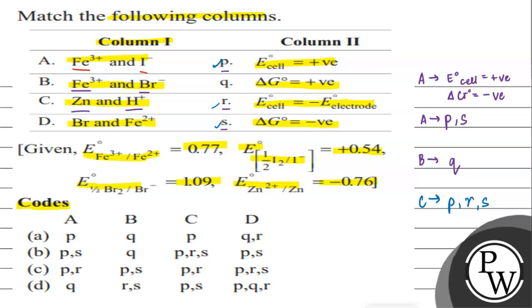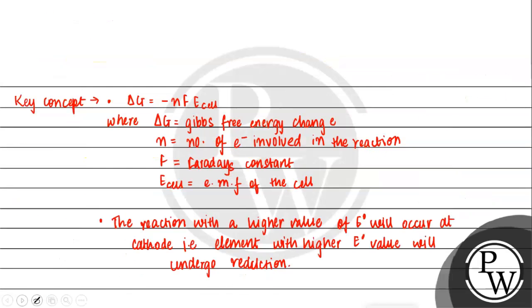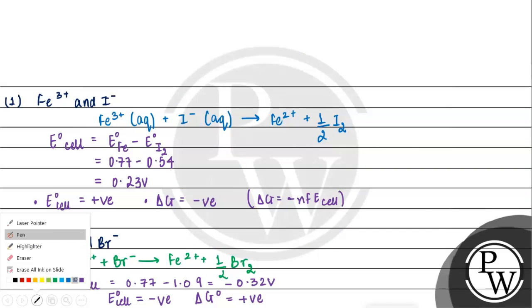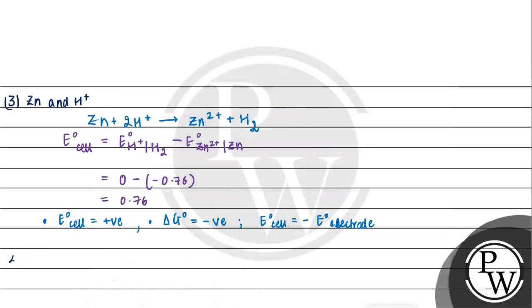अगर हम D option देखें, D option हमारा दे रखा है Br and Fe2+. Now let us look at D option, sorry. It is Br and Fe2+.